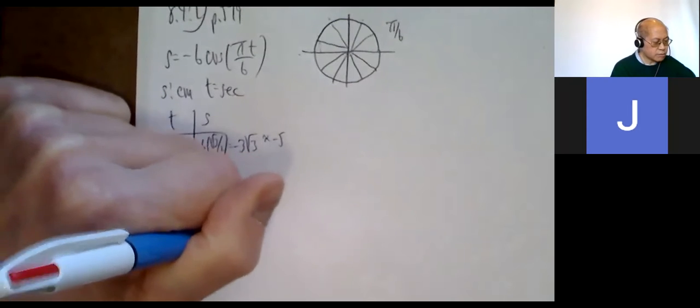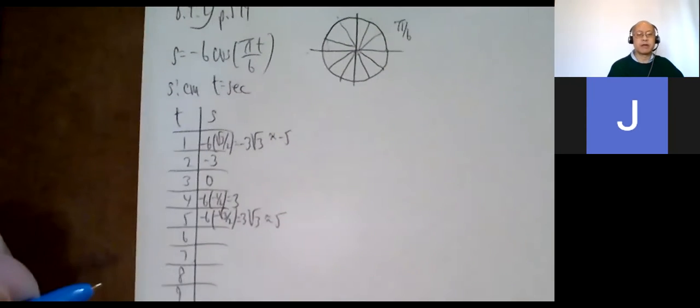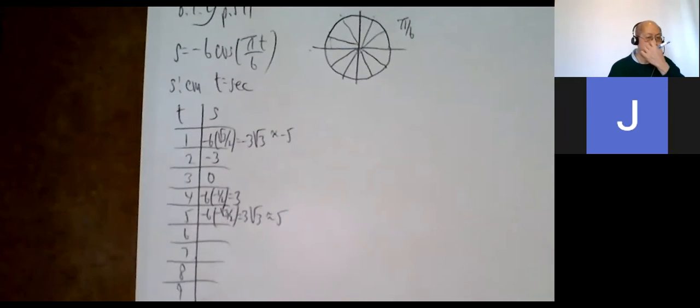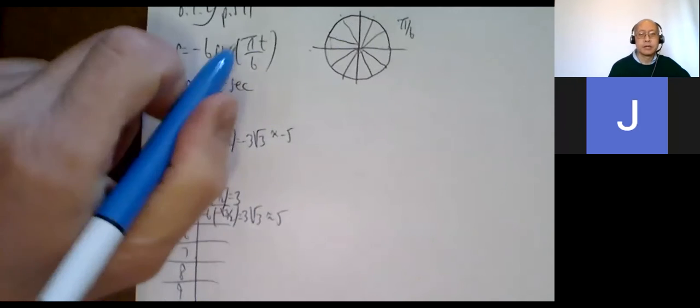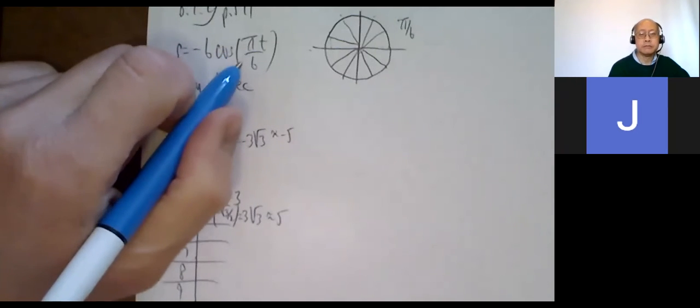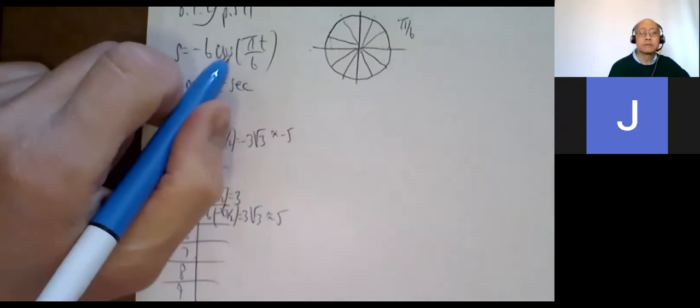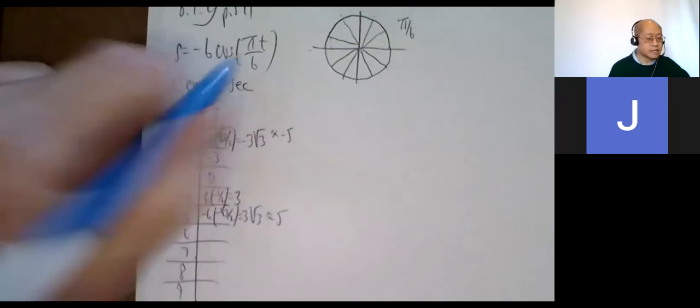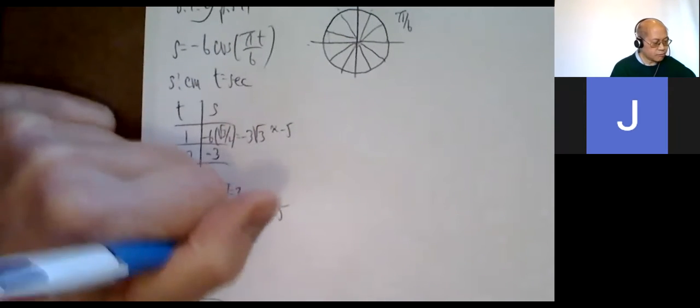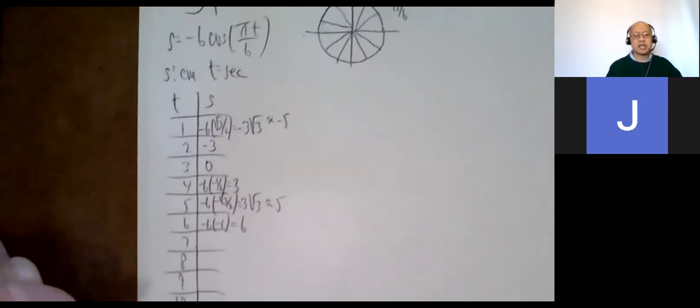So 3 radical 3, approximately 5. Plug in 6. Cosine of pi is -1. So -6 times -1 is 6. And it's just going to cycle back.